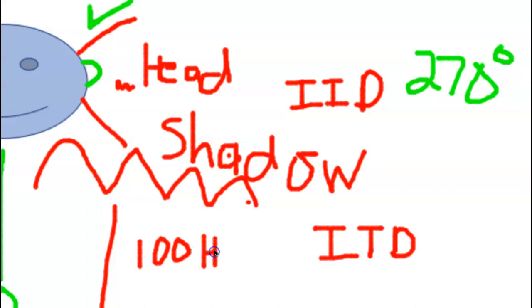You'd get less head shadow because the sound would travel around the head easier, but you would have excitation of the basilar membrane, let's say, earlier on the right ear compared to the left ear. Okay, does that make sense?